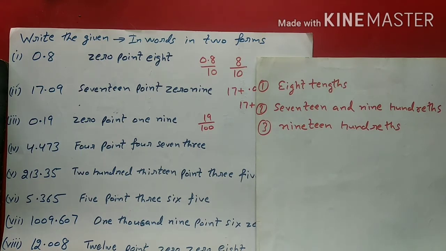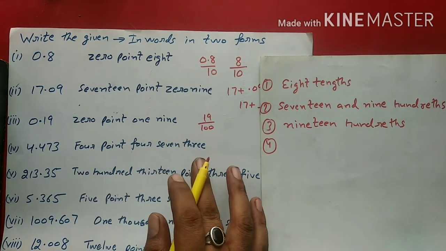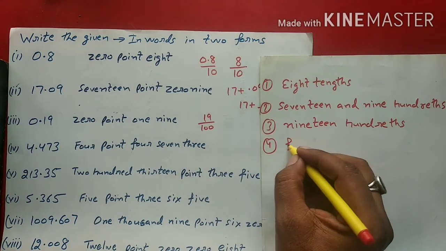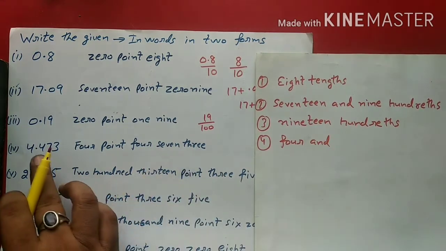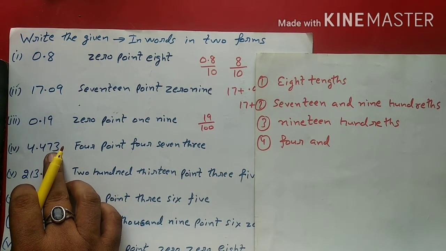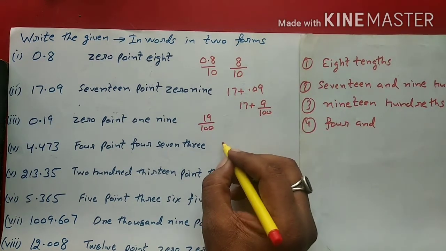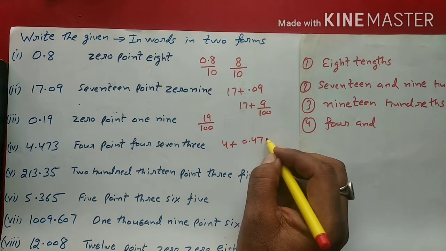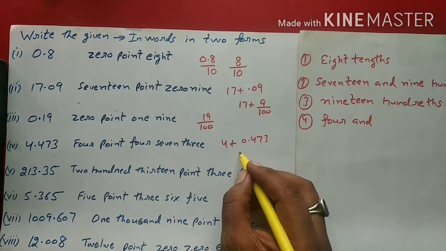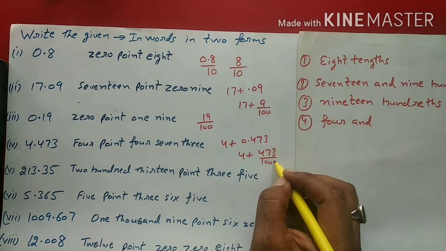So 4 is a complete number, 4 and 473 thousandths. See, 4 plus 0.473. It can be written as 4 and 473/1000.